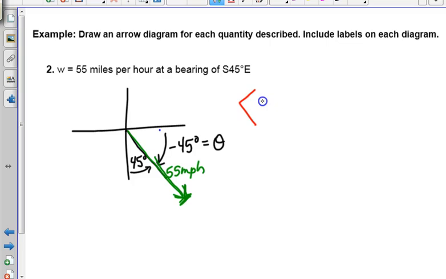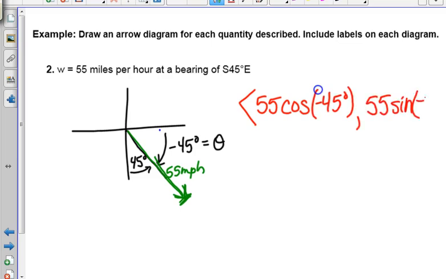What is the magnitude or length? 55. And then cosine of, which one will give us the right sign off the positive x here? So we're going to use negative 45 degrees. And then 55 sine of negative 45 degrees. Now we could actually do that one with exact values because we know the sine and cosine are what?